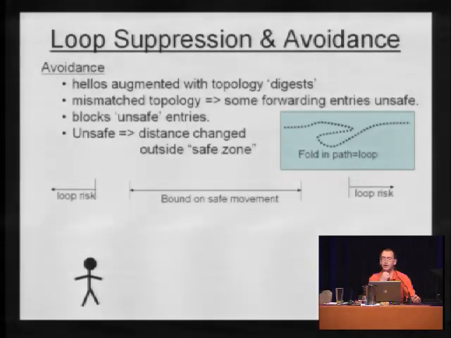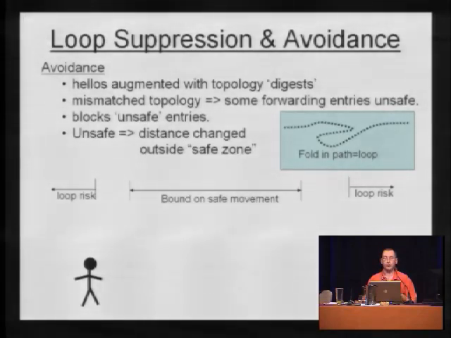When every node in the network agrees with respect to the topology, then there won't be any loops because the control protocol will have produced a correct loop-free topology or set of forwarding. The possibility of a loop occurs, however, when there's a disagreement. So if we can quickly detect a disagreement with respect to topology, we then have a handle that we can use to decide whether we need to block some of the forwarding entries or not.